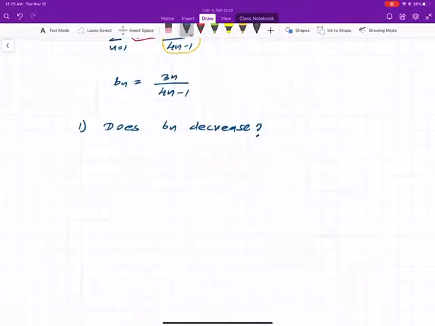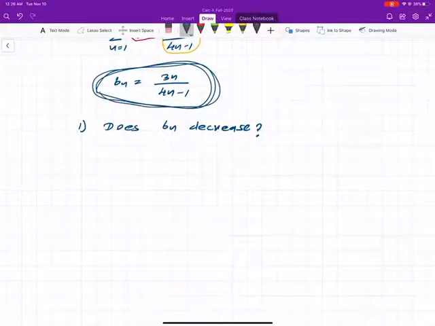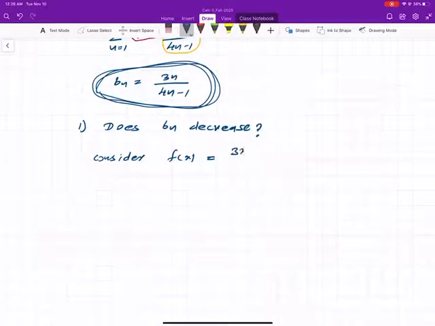You take a function that represents Bn, that is, consider f of x that exactly represents this function, that is 3x over 4x minus 1. Okay, you take that function which represents the given Bn.